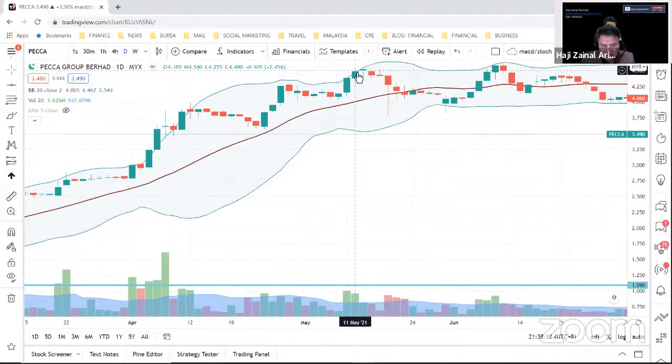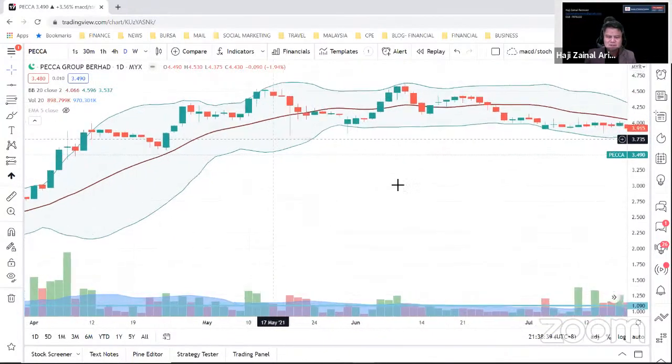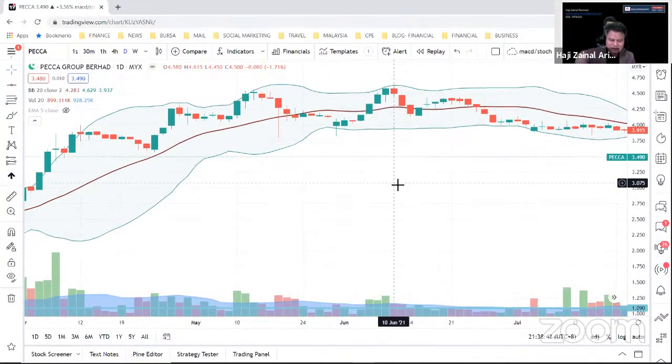For example, here is the first top, which is outside, and the second top, which is inside. This tells us the price is going down, in other words the market is not strong anymore. It starts weakening. So that's how we use it. Remember that I told you this Bollinger Band is used to measure volatility. That's the purpose.